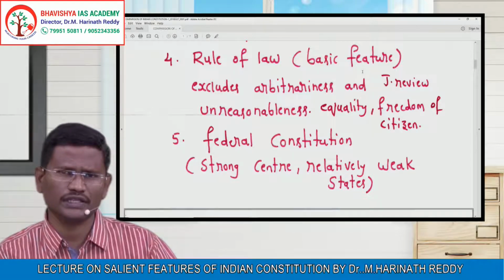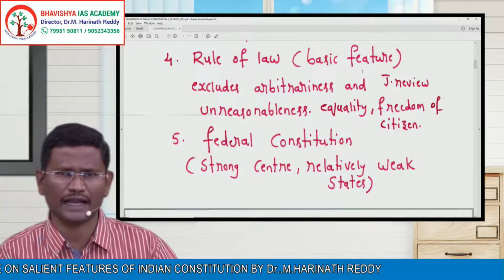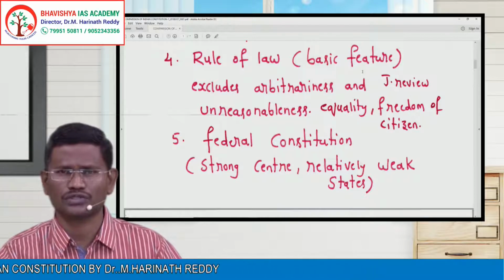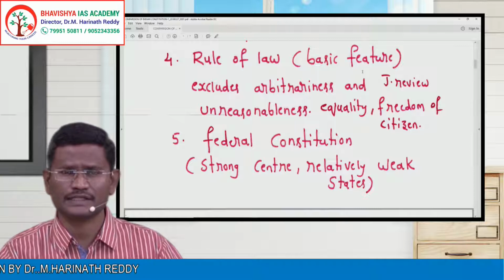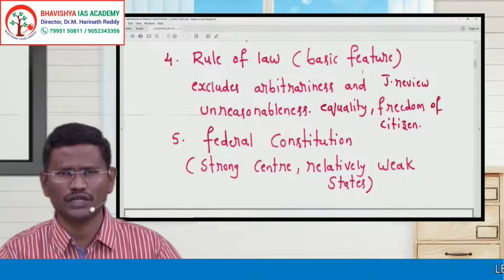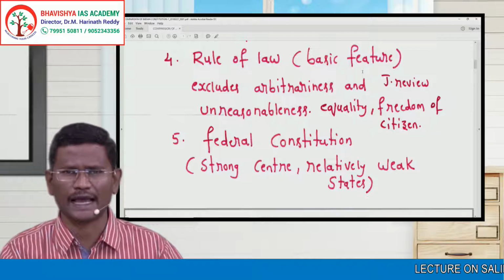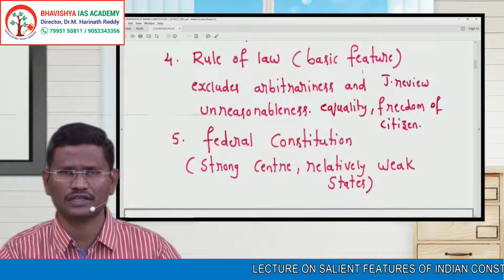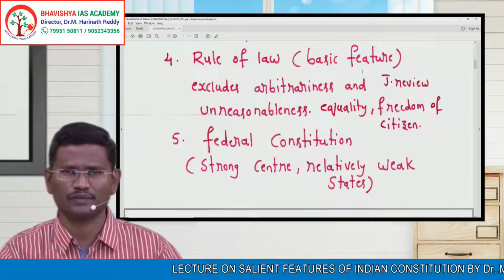The territorial integrity of the state governments is not guaranteed. But in America, the American Federal Constitution provides for indestructible union with indestructible states. The territorial integrity of the states in America is guaranteed. Only with the consent of the concerned state legislature, the boundaries of the states can be altered.